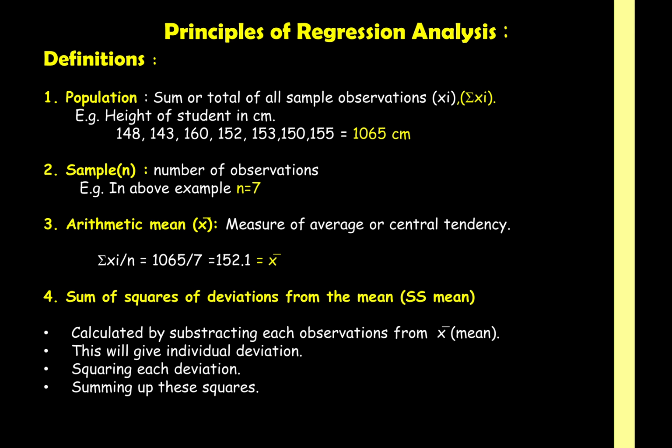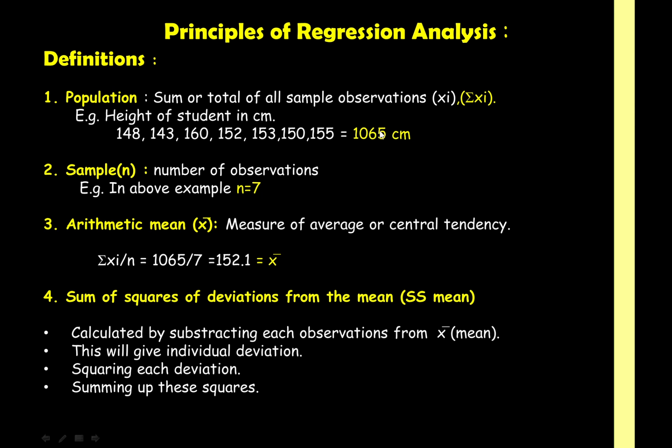Few definitions. First is the sum total of all the results. Like I have taken here an example of 7 students and their heights. The sum total of the heights will be called a population. So observations, whatever observations, their sum total sigma is called the population, and the sample is called n. So here n is 7.